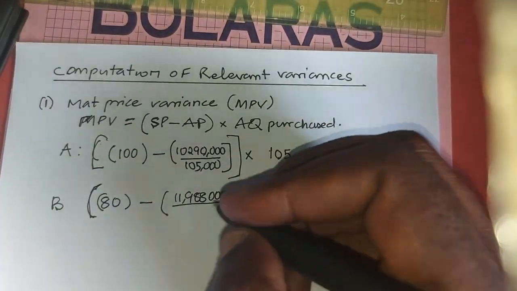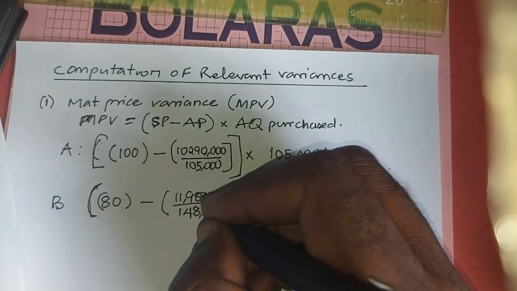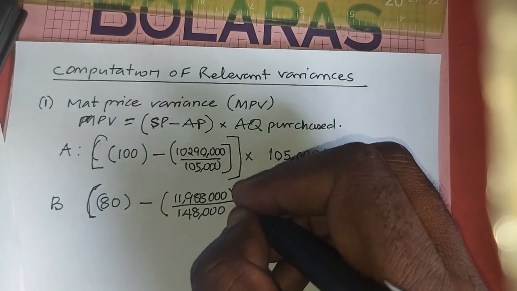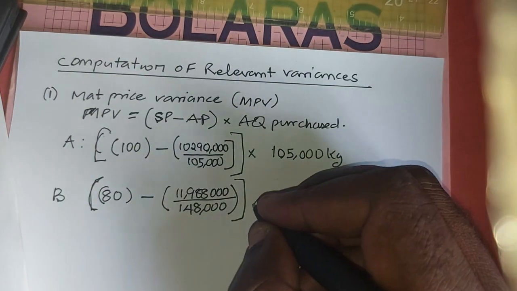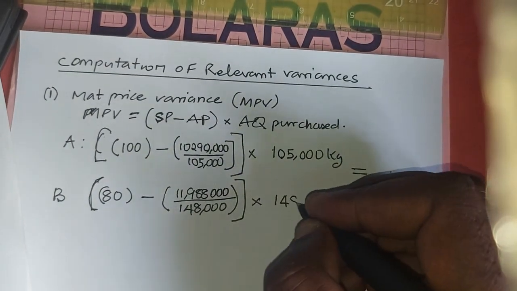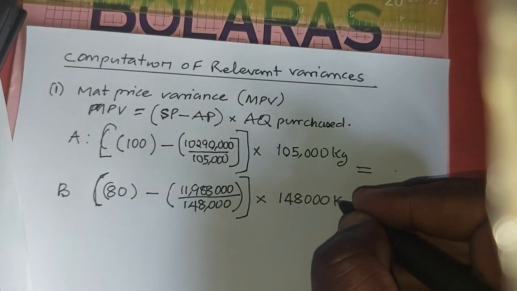Then multiply by quantity purchased. Don't forget, that's the formula.